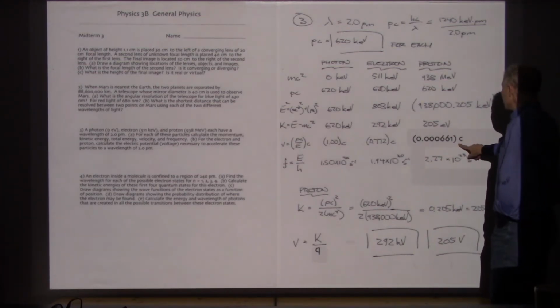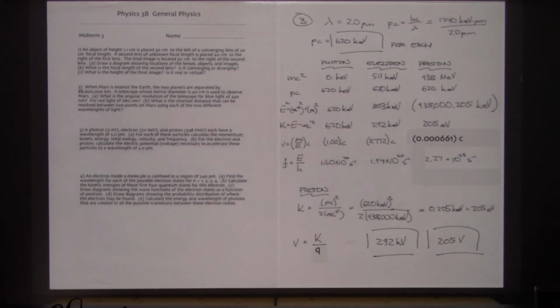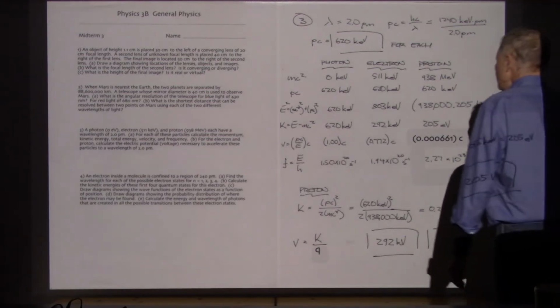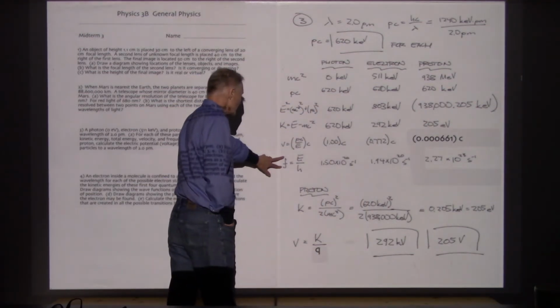I know it seems like that's hardly moving, but put that into meters per second and you'll find out it's going pretty fast. So that proton is actually moving at a really good speed. And then the last thing they asked for was frequency.